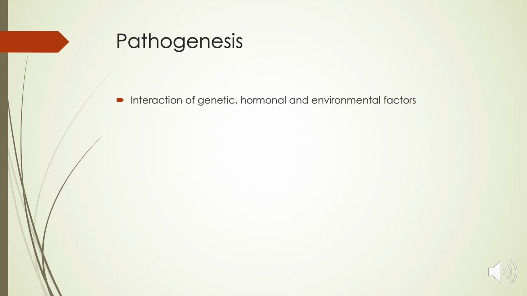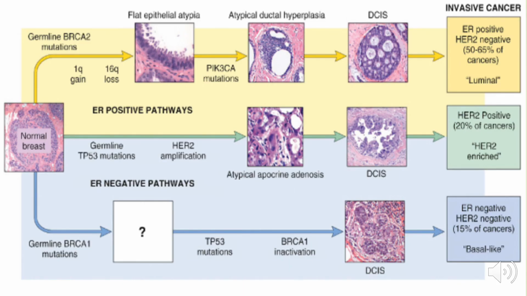The pathogenesis of breast cancer is an interaction of genetic, hormonal, and environmental factors. This is a schematic representation of the three different pathways for developing breast cancer. The uppermost one represents the ER positive HER2 negative cancers, which are the most common one.